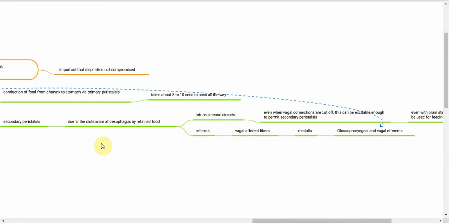Food is dropped into the esophagus directly, causes distension, leads to the production of a secondary peristaltic wave. But even if this reflex is not taking place because the vagal nerve was also cut as part of the trauma, in a couple of days the secondary peristalsis will be operational again, because the myenteric plexus in the esophagus will, in compensation, become more excitable.